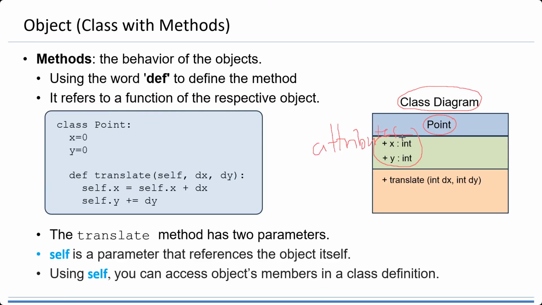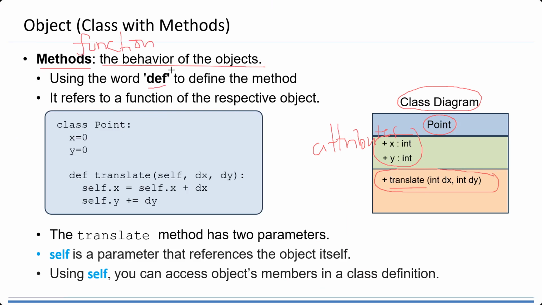And now let's have one method. The method name is translate. Methods, or what we know as functions in Python, are the behavior of the objects.